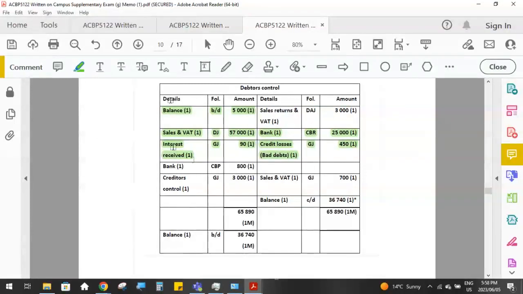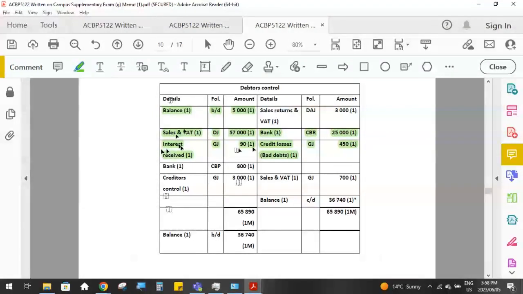So remember, what we write in the details column of any general ledger T account is the name of the general ledger account that is getting the opposite side of the entry. In other words, the other side of the double entry is going to go to which account.